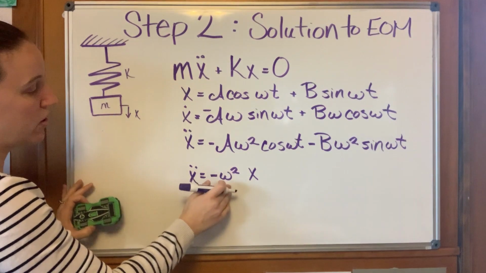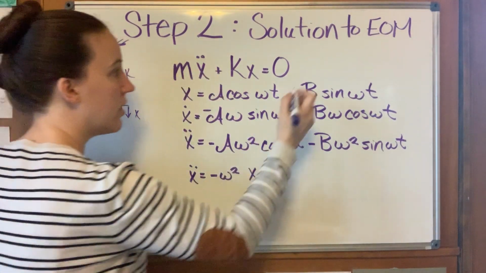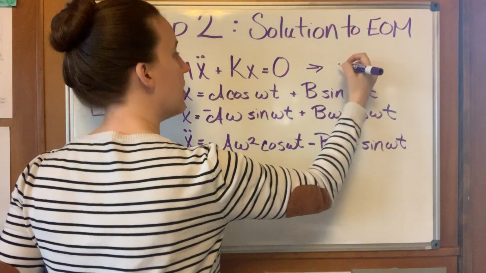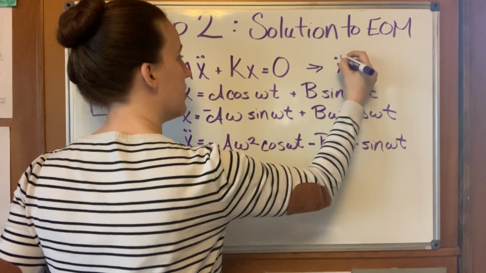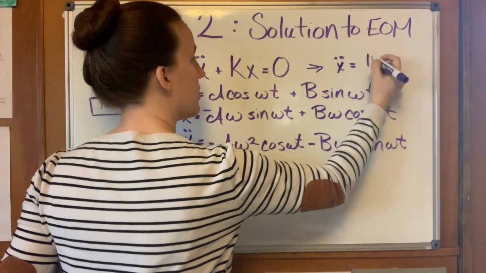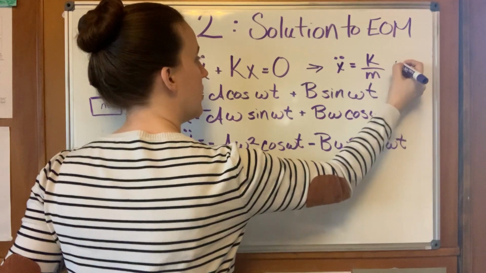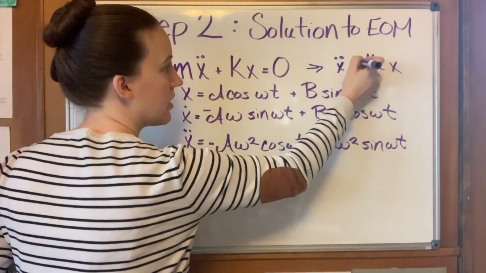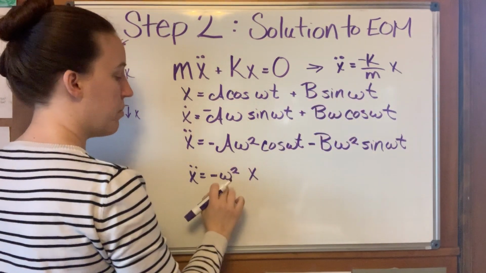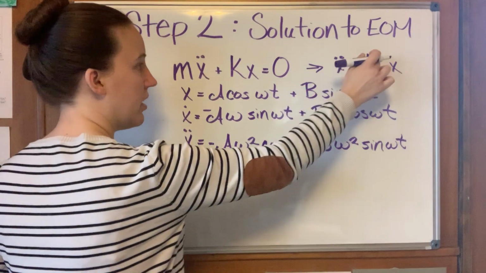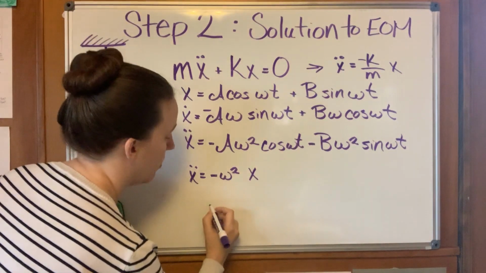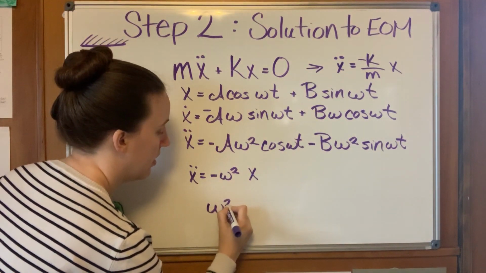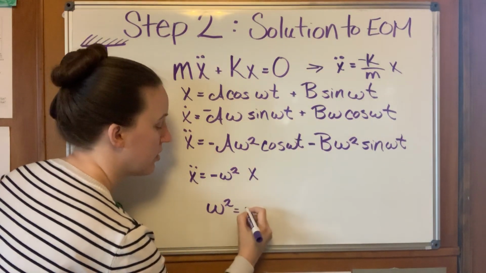And now we can see that, remember, we had immediately written x double dot equals negative k over m times x. So now we know that omega squared has got to be equal to k over m.